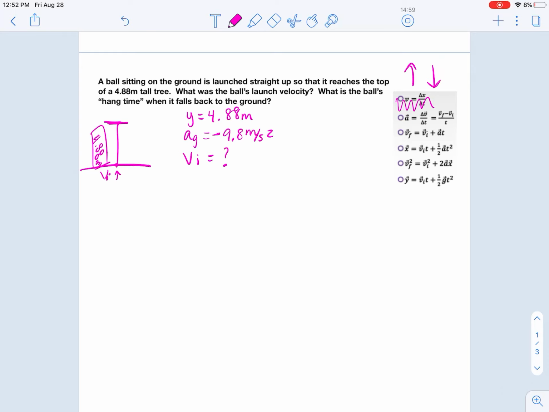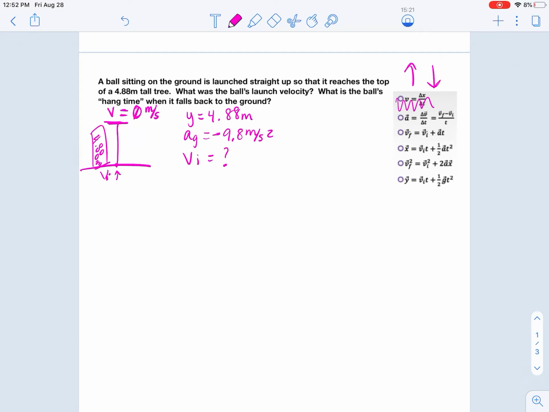In this first question, they're asking for the initial velocity, so we're starting on the ground. It is not an initial velocity of 0. However, I am supposed to know that anytime the object is at its highest location, at that moment the object has a velocity of 0.